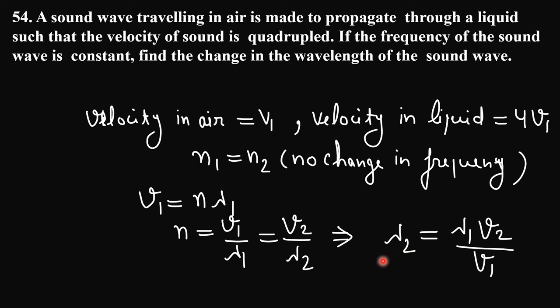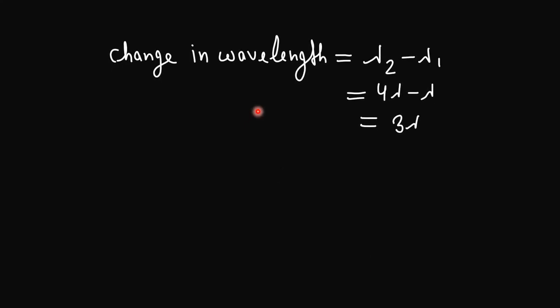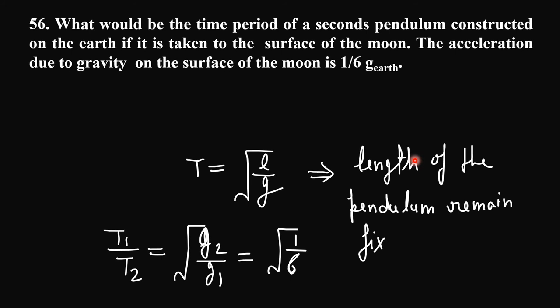From here you can find out lambda 2 in terms of lambda 1, means how much lambda 2 is changing from lambda 1. So if you put all the values, because v2 is 4v1, v1 will cancel out. You will get that lambda 2 is equal to 4 lambda 1. So how much it is changing? So change in wavelength will be lambda 2 minus lambda 1, that is 3 lambda 1, which is thrice the initial wavelength. Okay. Now the next question.